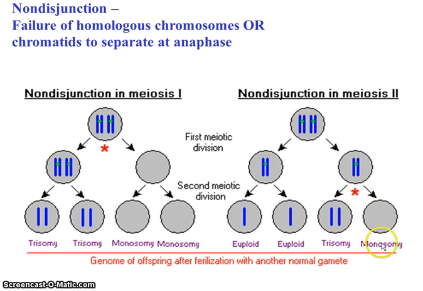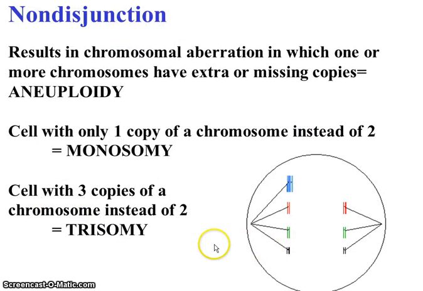You're going to have three, or monosomy. So non-disjunction results from chromosomal aberration, where you have extra or missing copies. That's the aneuploidy, when you have extra, like over here. A cell with only one, mono meaning one, or trisomy, which could have three.